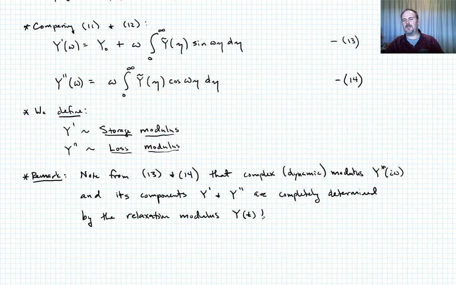On one hand that's sort of surprising, and on the other hand it's not. It does convey all the information, but it's casting it in a different form. So what you might expect now is that if I know the storage or loss modulus, I can probably compute the relaxation modulus, and you'd be right, and that'll be the topic that we'll talk about in some future lectures.